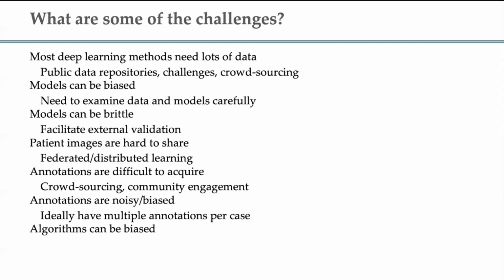Some of the things we've learned along the way is that we need lots and lots of data, especially as we think about deep learning. We are starting to see these wonderful resources made public by RSNA and many other societies. We really appreciate the generosity of both the institutions and the various people doing that, especially because very often they come with highly annotated data.